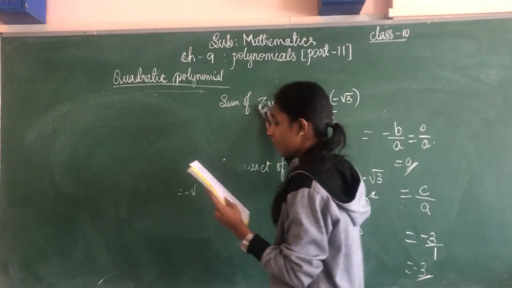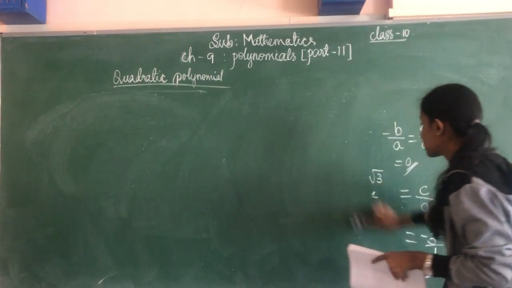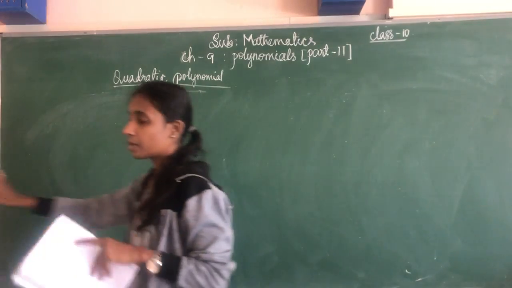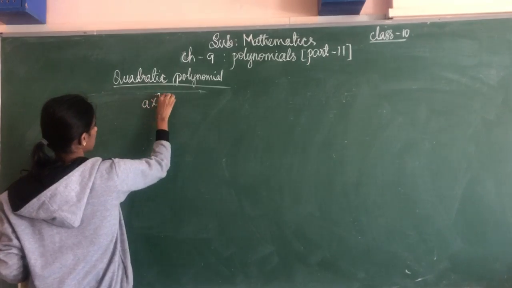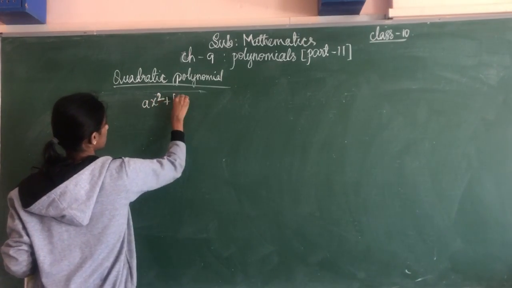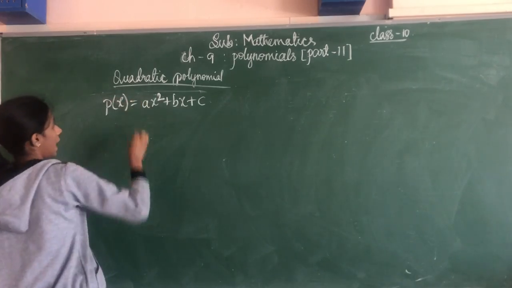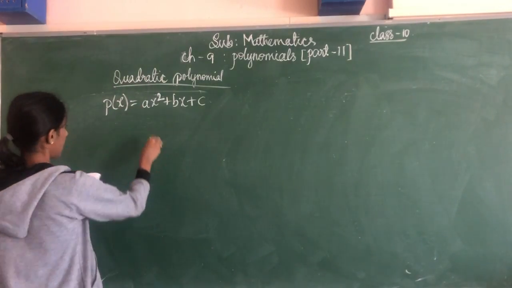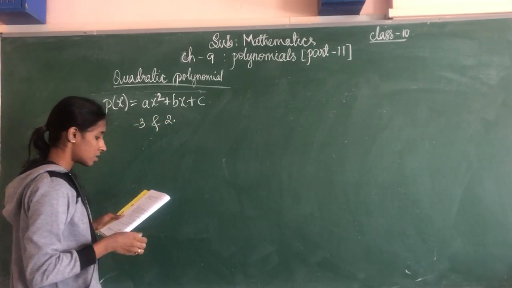So the sum is minus 3 and the product is 2. You have to write that in standard form, that is ax square plus bx plus c. You have to frame the quadratic polynomial. So this is the quadratic polynomial standard form, ax square plus bx plus c is equal to 0.